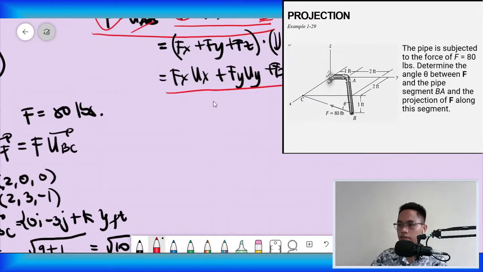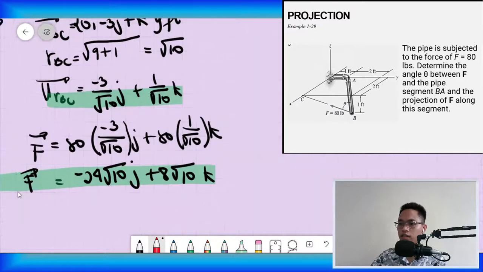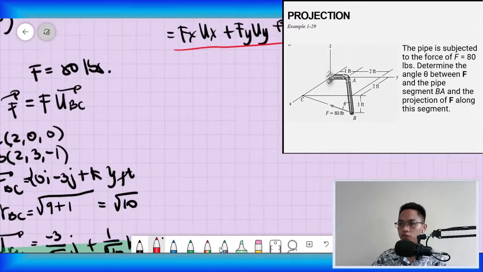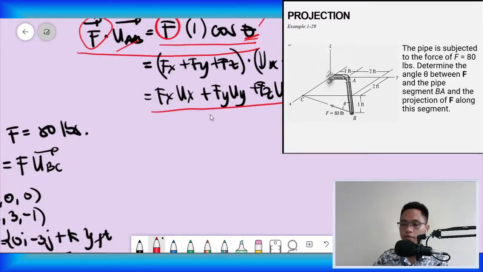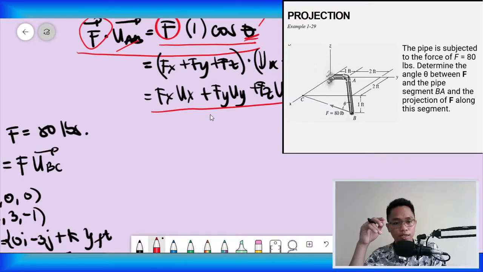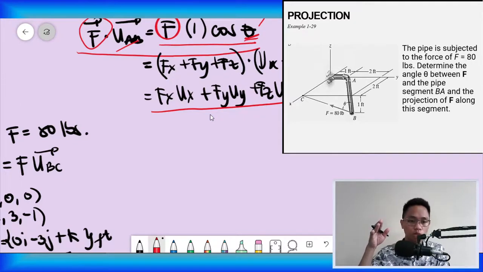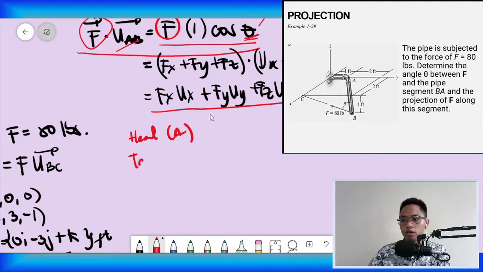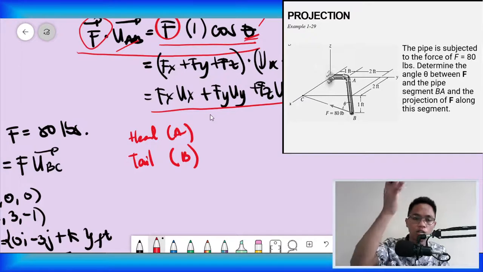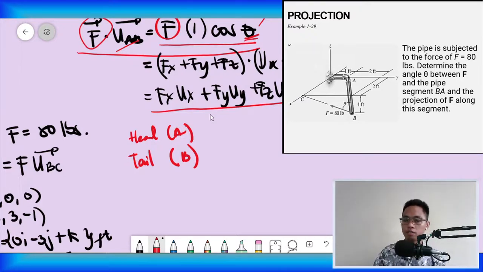Alright, now we have the value of F. Next we need to solve for the unit vector of the segment AB. If you analyze AB, our head is A and our tail is B. The components of the force are directed toward the origin or something.